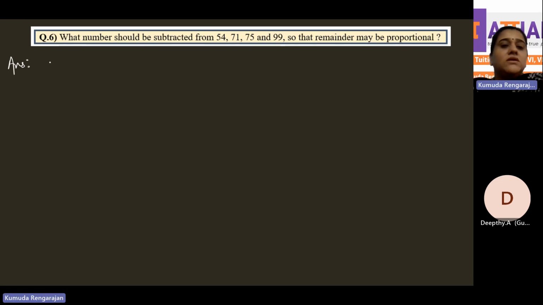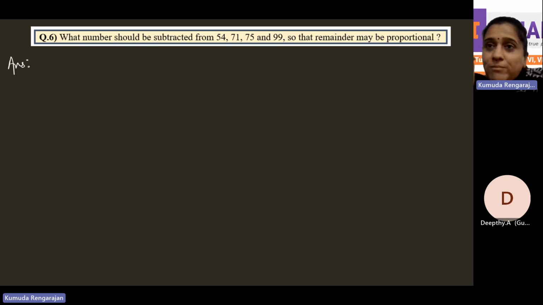All right. As of now, these four numbers, 54, 71, 75, 99, are not in proportion. Now the question is, what number should be subtracted from all these four numbers? For example, supposing we subtract 2 from all the numbers: 54 minus 2 is 52, 71 minus 2 is 69, 75 minus 2 is 73, 99 minus 2 is 97.